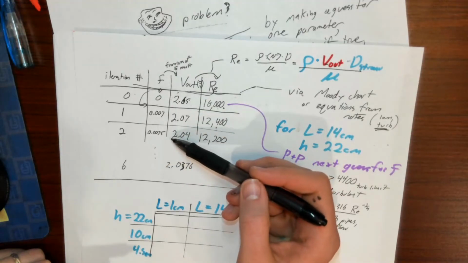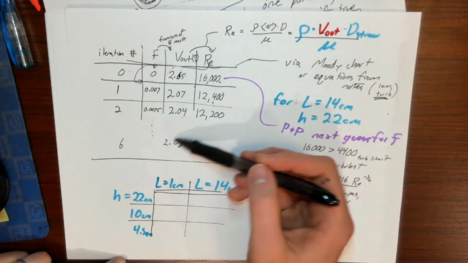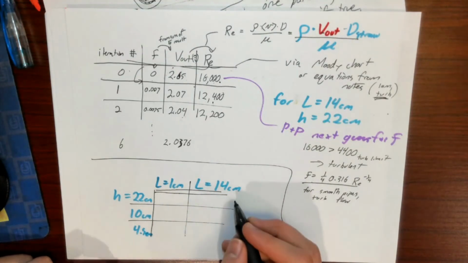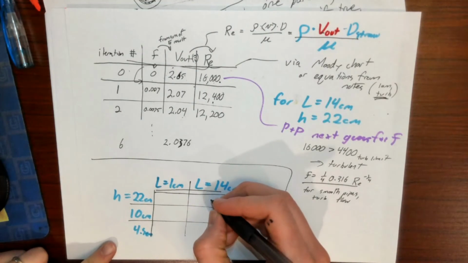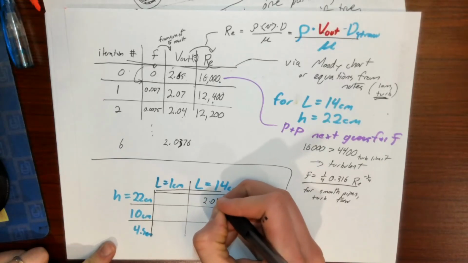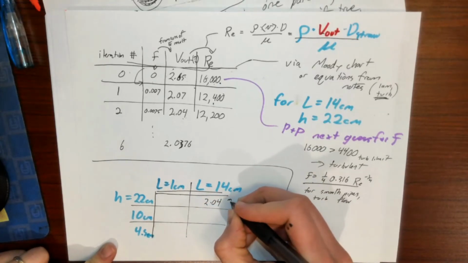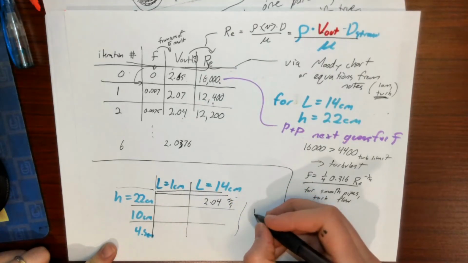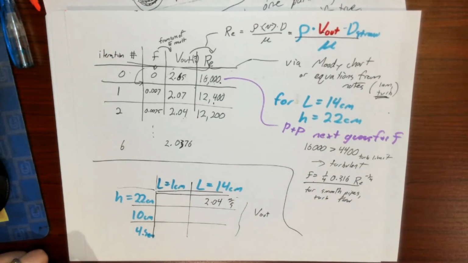And again, it was a little tedious, but I went ahead and did this iteration process not just for the H and L of 22 and 14, where I got 2.04 meters per second, right? So all of the entries in this chart are going to be our V out.